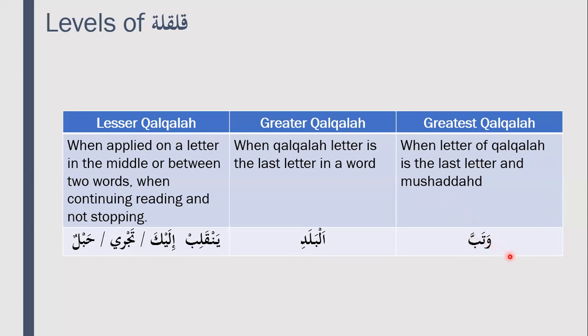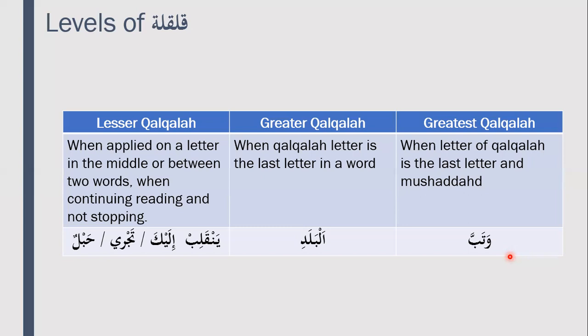So how are we going to apply the greatest Qalqalah? We're going to say watab, watab. Now, it does appear as if I'm putting a fatha, but I'm not. You do not put a fatha on your Qalqalah letter, and this is a really important point to remember.